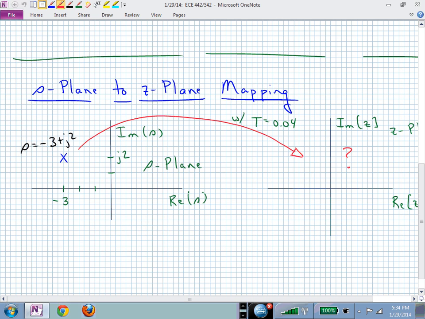We derived last time, based on a particular closed loop bandwidth, I think I gave you 5 radians per second, we used that to derive this sample period, this capital T, where T is related to omega sub s, the sampling frequency in radians per second, which is 2 pi over T, and we could then solve for this capital T. Last time I believe we computed that to be 0.04.